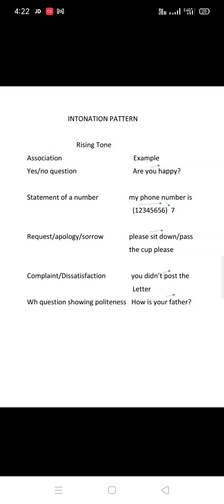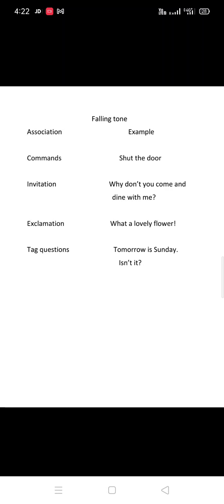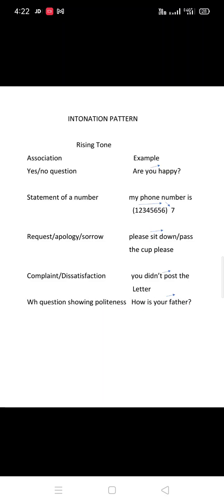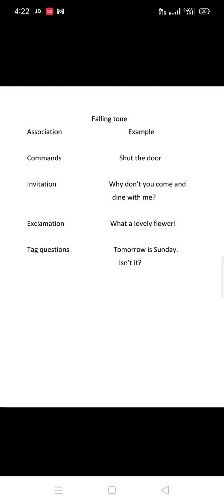Oh yes, another point. Intonation is very flexible. Don't be confused. Yes, regarding these 2 points, commands: regarding commands, you should use falling tone, and regarding request, apology, and sorrow, you should use rising tone.